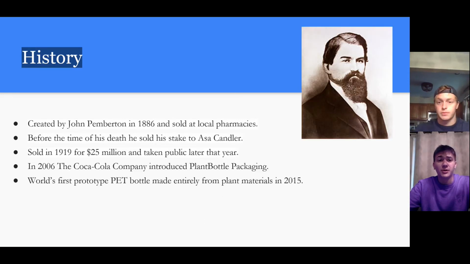Okay, so the history of Coca-Cola. In the year 1886, a local pharmacy man by the name of John Pemberton created his famous concoction, and it originally had cocaine in it, as it wasn't illegal back in those times, and it was seen as a stimulant and a remedy for many problems such as dietary issues, nausea, and energy.